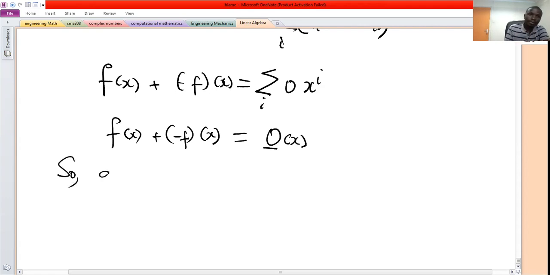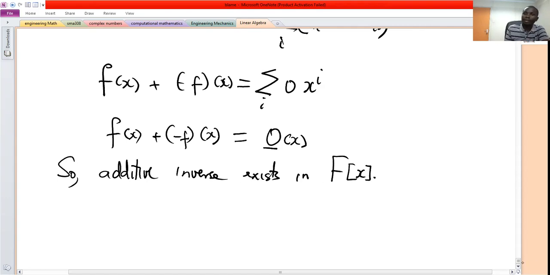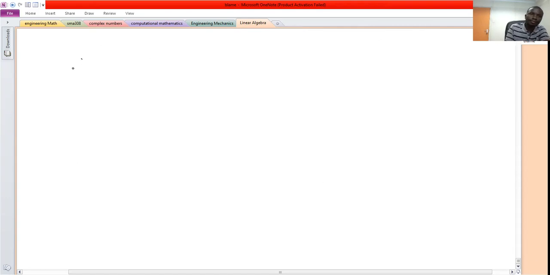So additive inverse exists in F. Scalar multiplication.